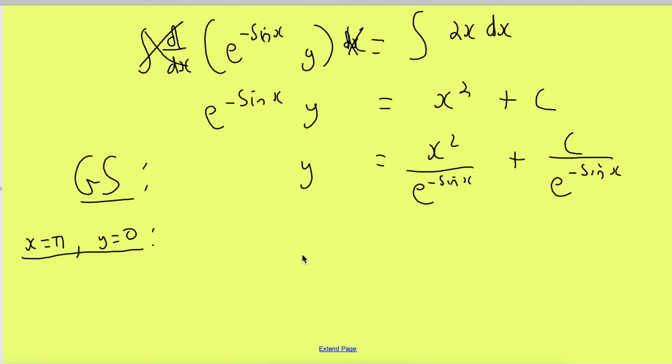So let's substitute that in. So 0 equals x squared, so that's pi squared over e to the power of negative sine pi plus c over e to the power of negative sine pi.